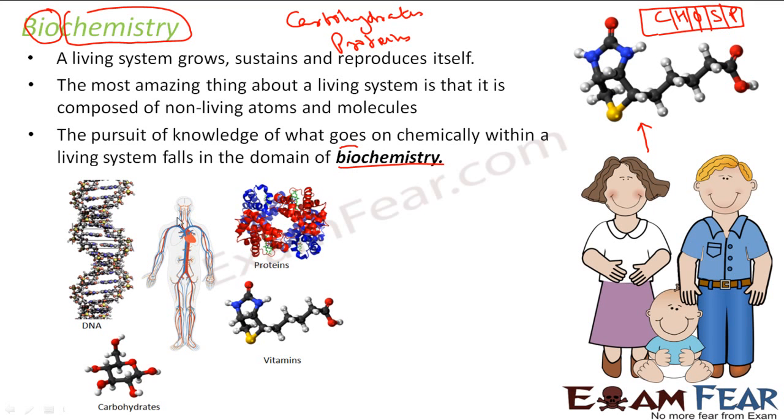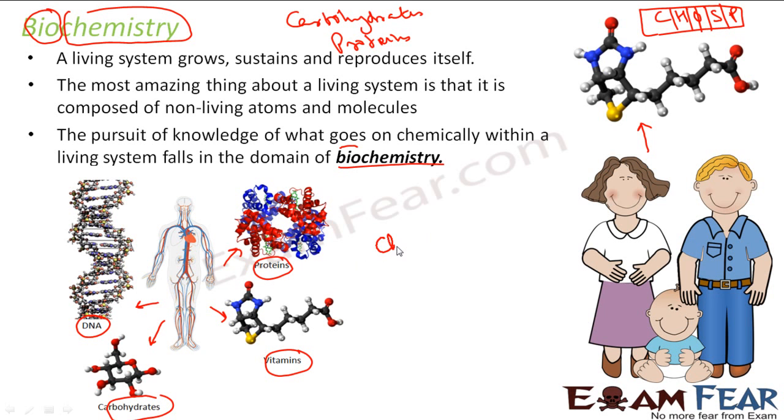This whole body, human body or any body, you take an animal body or you take a plant, any living organism you take, they are made up of proteins, vitamins, carbohydrates, DNA. And all these are nothing but biomolecules. They are nothing but chemical compounds.